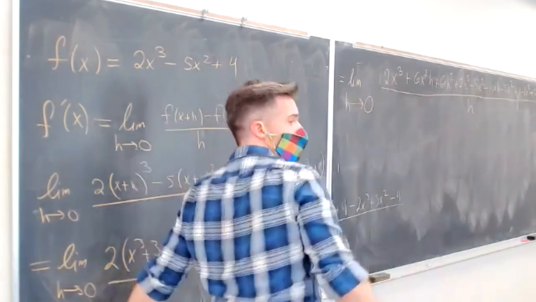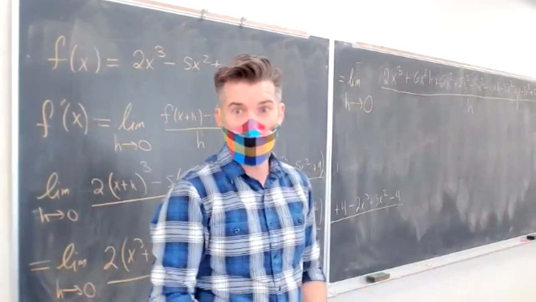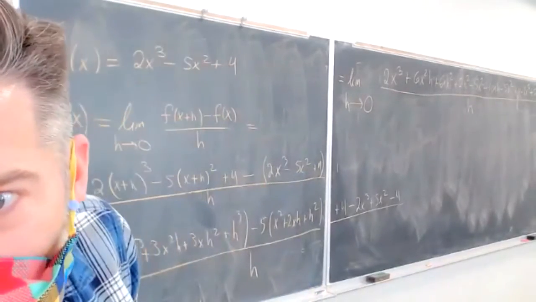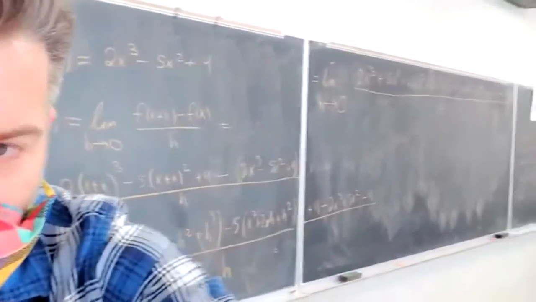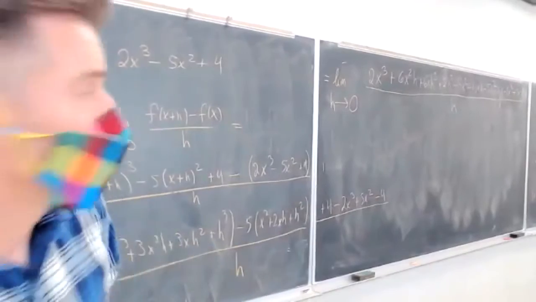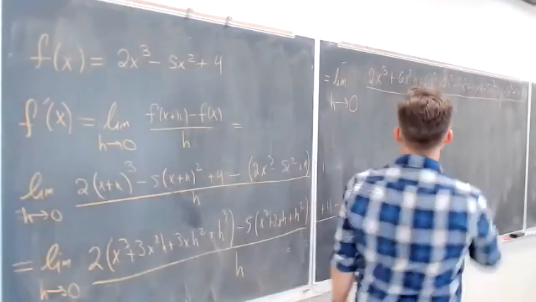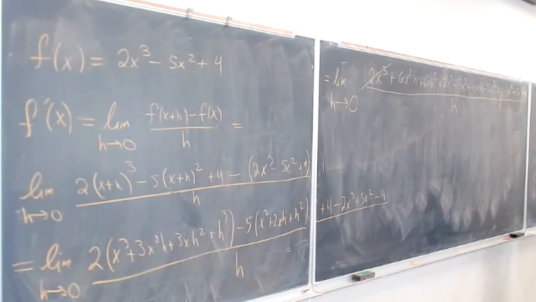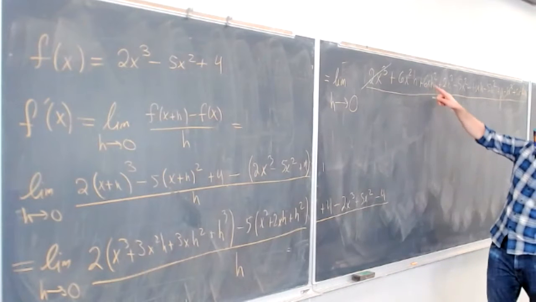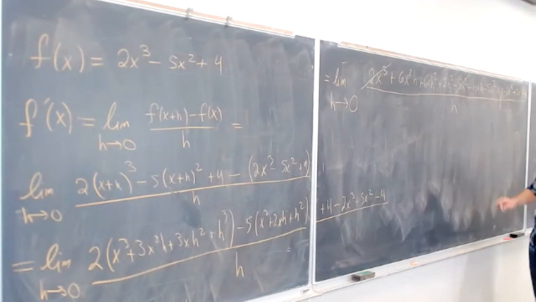So now I'm just going to look for the things that don't have an h in them and see if they cancel. I don't think I can make it any better. I'll say the words though. So 2x cubed cancels with a negative 2x cubed. And negative 5x squared cancels with a positive 5x squared. And a positive 4 cancels with a negative 4.